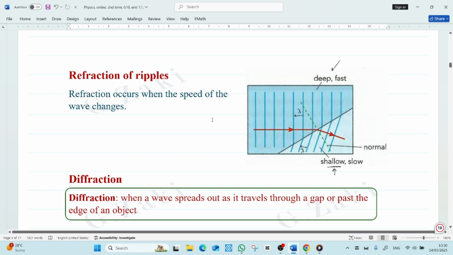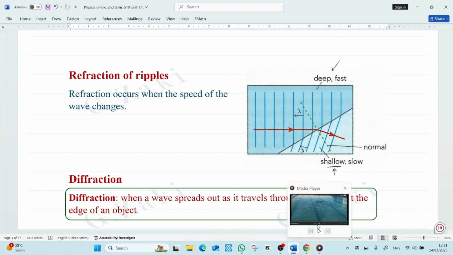What about the diffraction? Let us see the diffraction by using the ripple tank. This is the diffraction in the ripple tank. When the wave passes through a gap, it will be diffracted. It will be converted from plane waves to circular waves. So this is called diffraction.